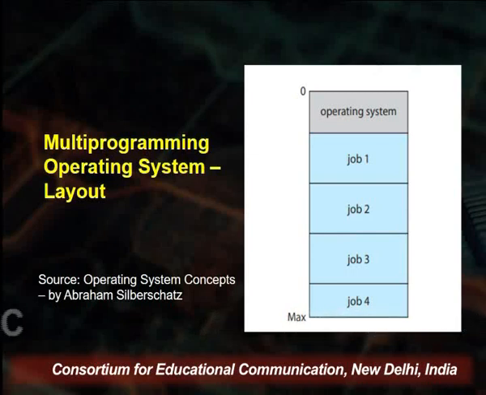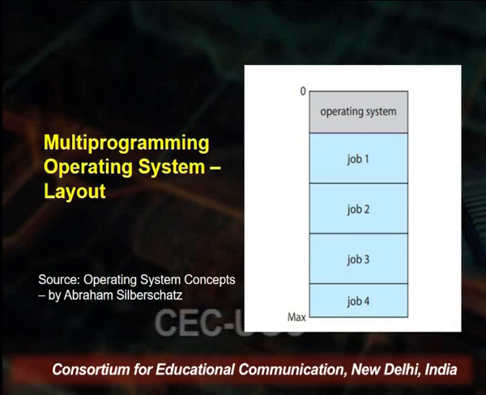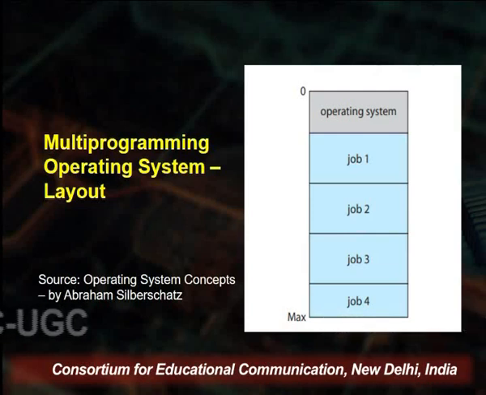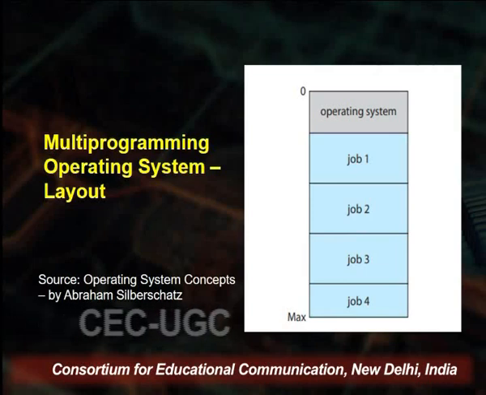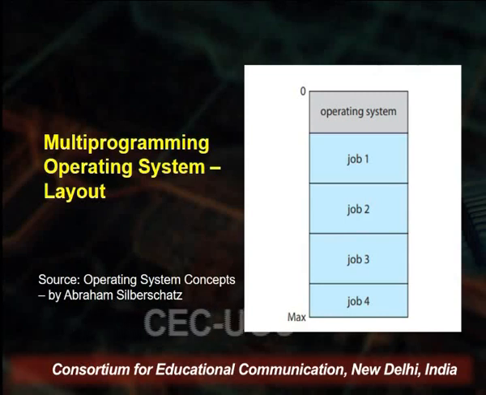That we will talk about in a short while, but this figure is showing you the layout of a multi-programming operating system. So basically that is the operating system which supports the concept of multi-programming. That means within the memory we have many jobs residing, which are waiting for other executions or other things to happen to them.